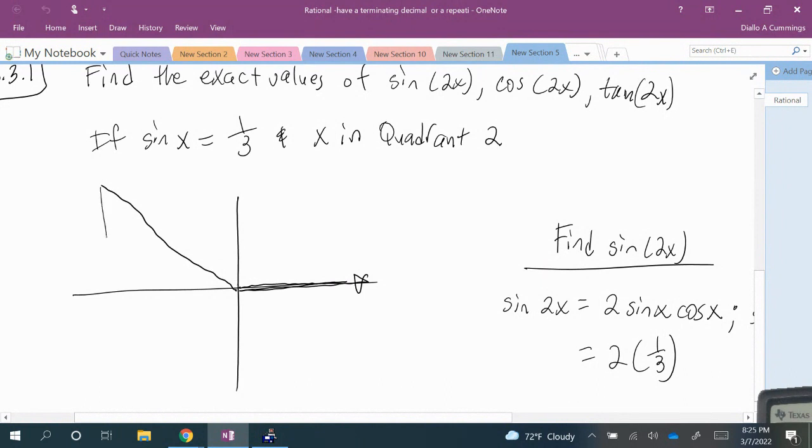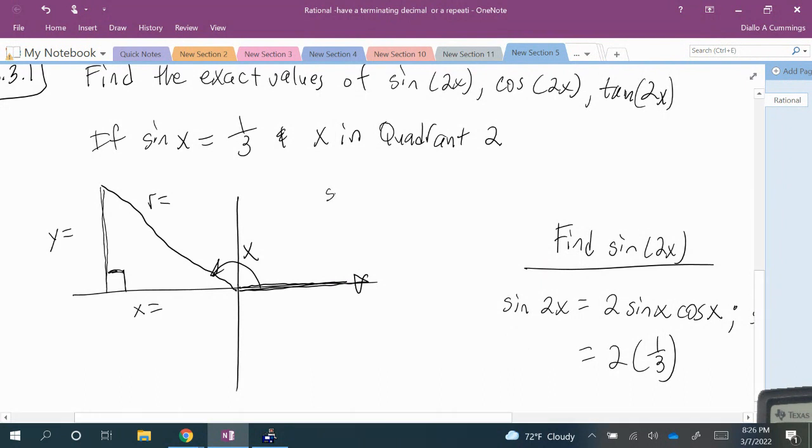I'm going to drop my perpendicular and a right triangle is formed. So this is our angle in the second quadrant, and that's x. We now have an x, a y, and an r. We were given the sine value.